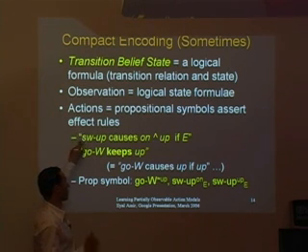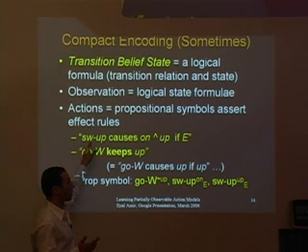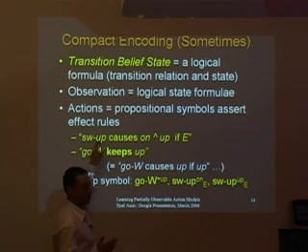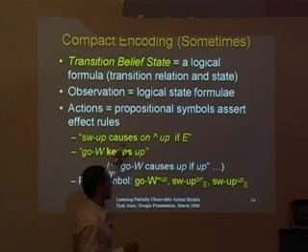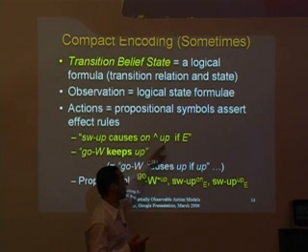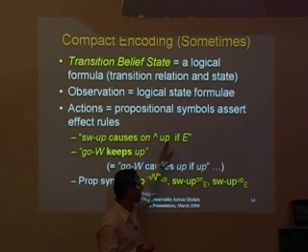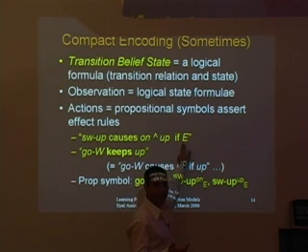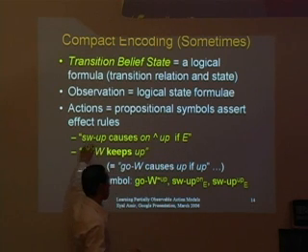So for example, I will have a proposition that says that flipping a switch up causes the light to go on, the switch to be up, and the state of if the agent is in the east room. Okay, so I will have a proposition that says that.